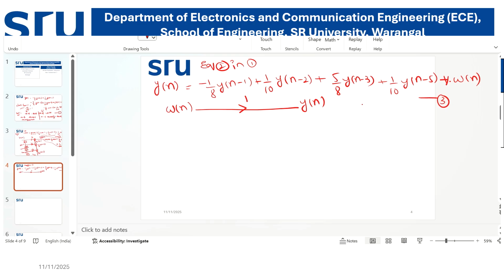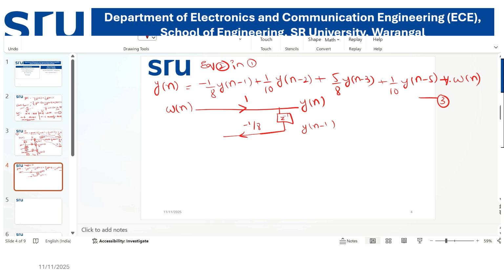Then if you are identifying the expression, the difference equation, the output is delayed by 1 sample, here 2 samples, 3 samples and 5 samples, right? So first output will be delayed by 1 sample, then we will get y of n minus 1. The coefficient for y of n minus 1 is minus 1 by 8.